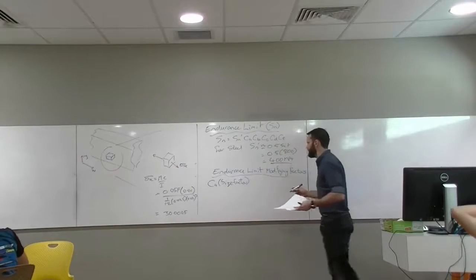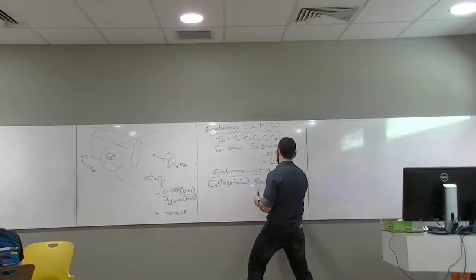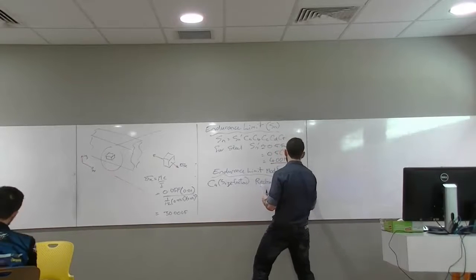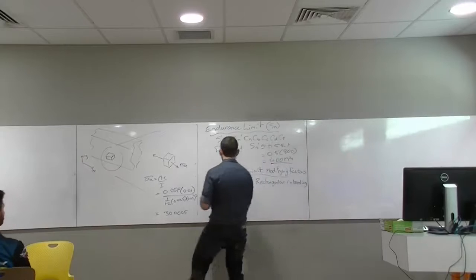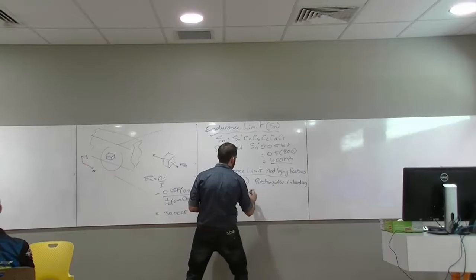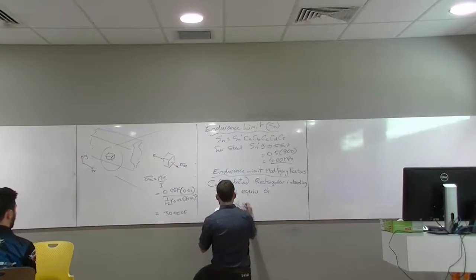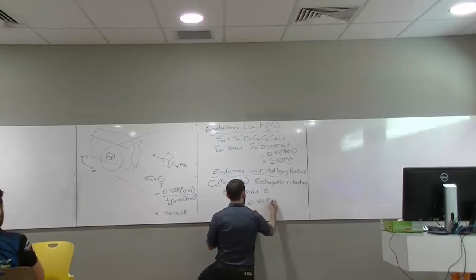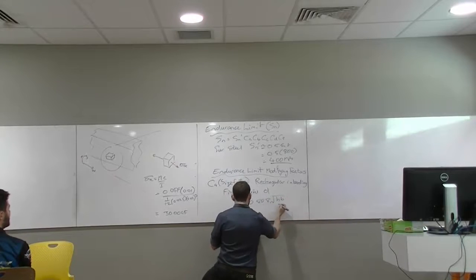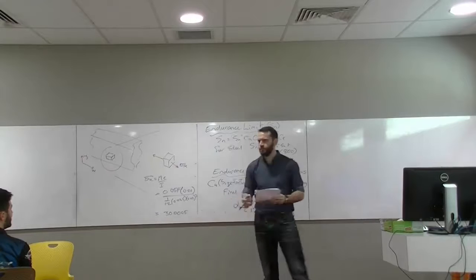We've got rectangular and bending, so we find the equivalent diameter. d equals 0.808 square root of hb, and that's all in millimeters, which gives me 18 millimeter equivalent diameter.